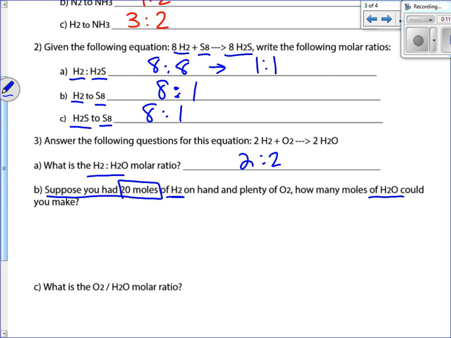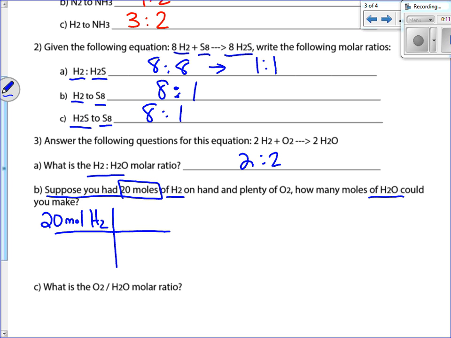So we would set up our T-chart just like before. We put our 20 moles in the upper left corner of H2. Now you have to write in the substance into the T-chart. So write that in. And what do we always do when we are doing conversions? What comes next?